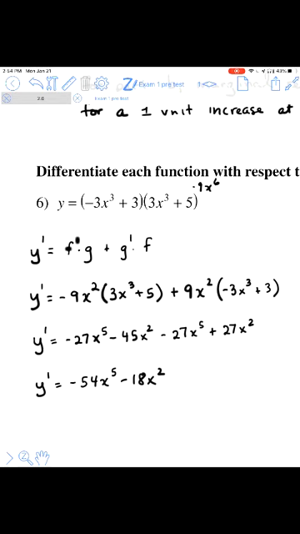Negative 15 and 9 would give us negative 6x cubed, and then we'd have a plus 15. So this is the expanded form of that expression. And then you could take a derivative of individual terms. The derivative of that first term is negative 54x to the fifth. The derivative of the second term is negative 18x squared, and the derivative of 15 is 0. So you can compare, get the same answer there.